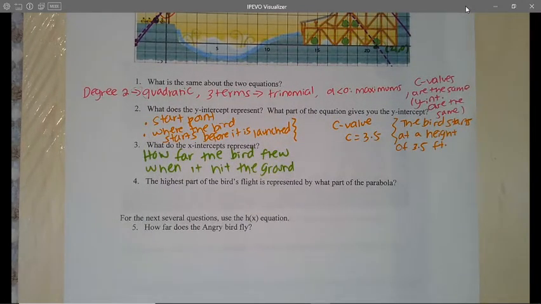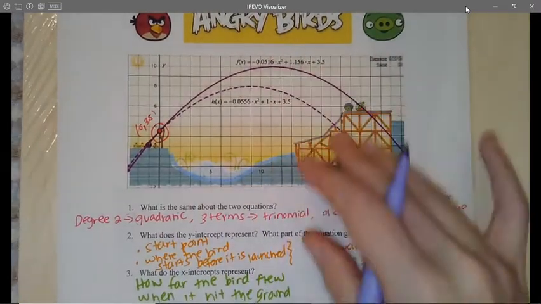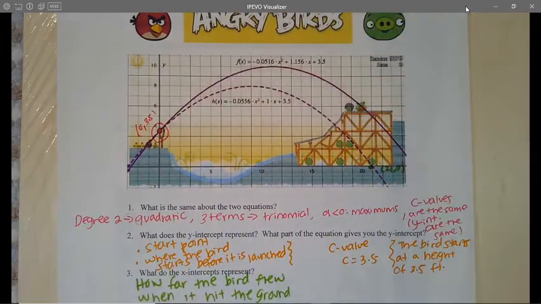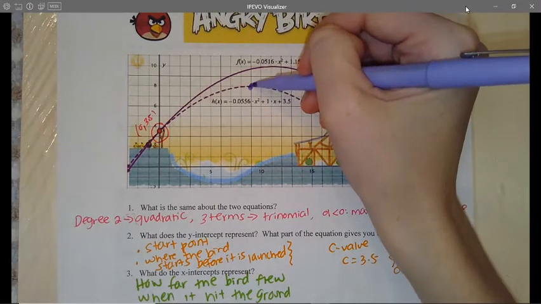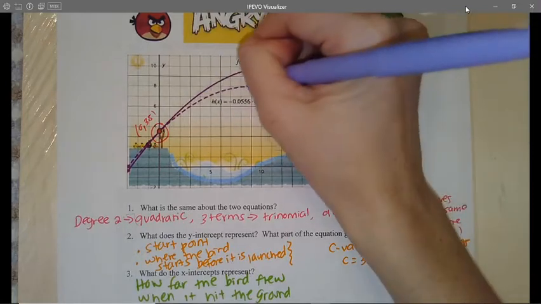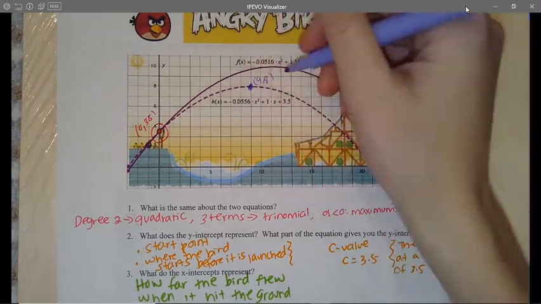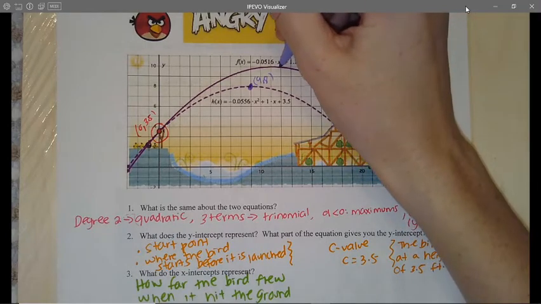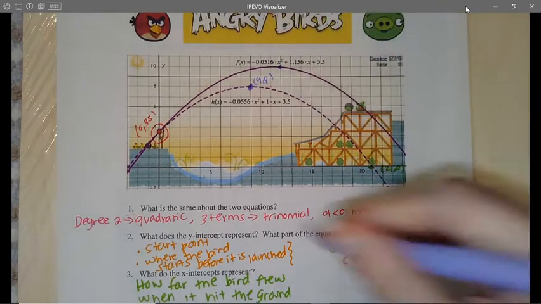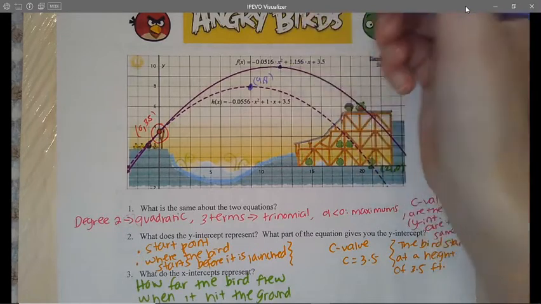The highest part of the bird's flight is represented by what part of the parabola? So what part of our graph represents the highest point of the bird's flight path? Well, in both cases, this flight path would be this point, which is the point 9, 8. And then for this graph, it's kind of hard to tell, somewhere about there, maybe a little bit closer over here.